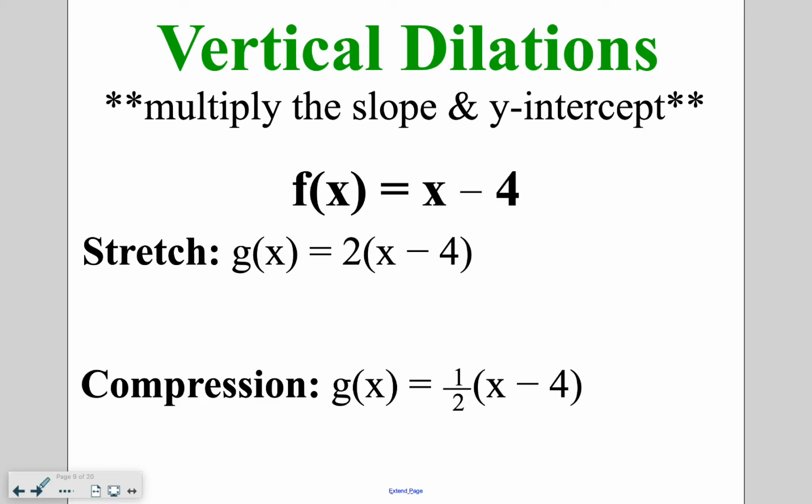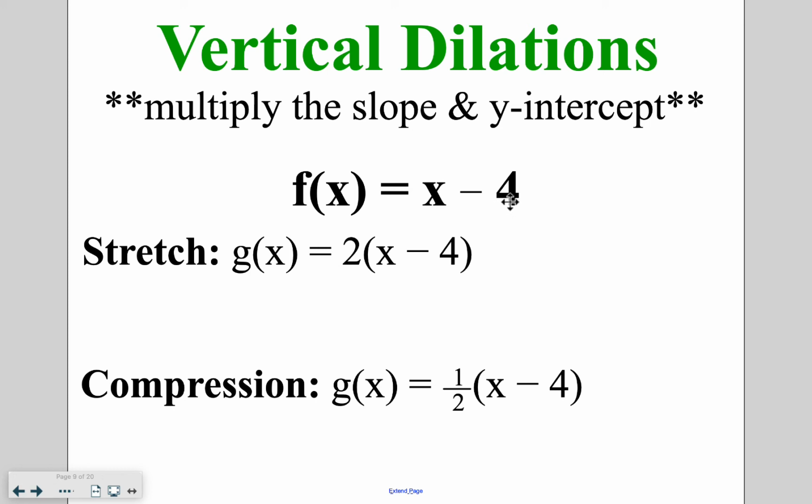Next, we're going to look at the dilations. Once again, there's the vertical dilations, and then we'll look at horizontal in the moment. When you are doing vertical dilations, this is multiplying the full problem, so both the slope and the y-intercept, by a particular value. So in this example, once again, we're starting with f of x equals x minus 4.